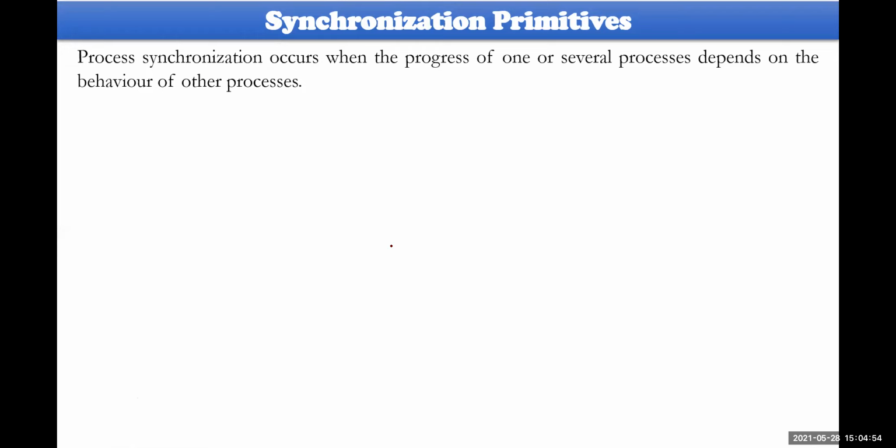There are several shared resources in a computer, and several processes are trying to access or modify the data of those resources. Then synchronization will be evaluated. Otherwise, there is no synchronization concept in the system.